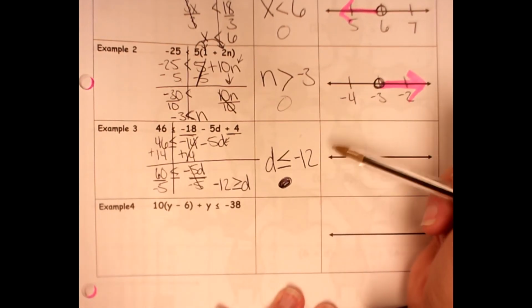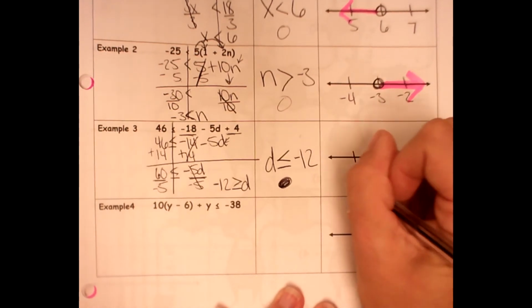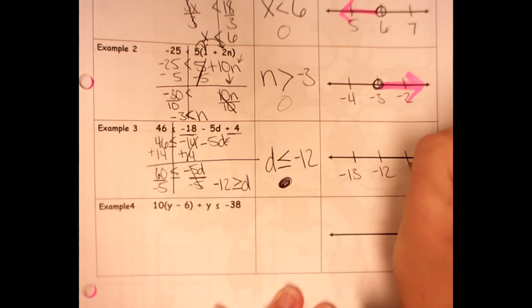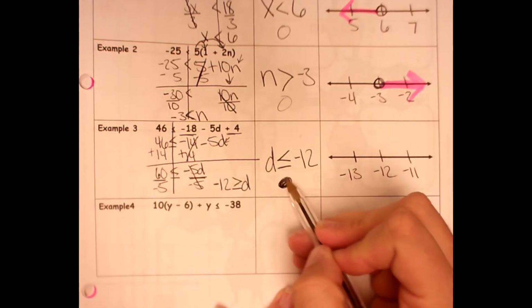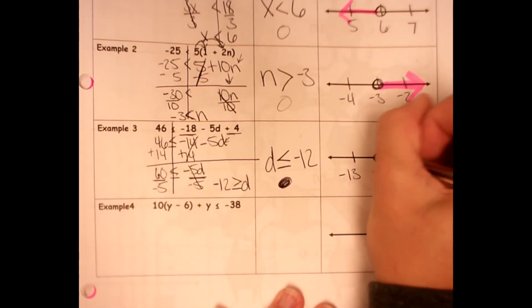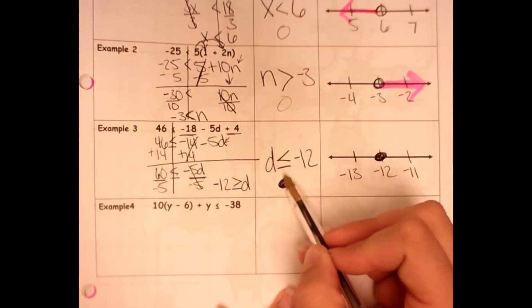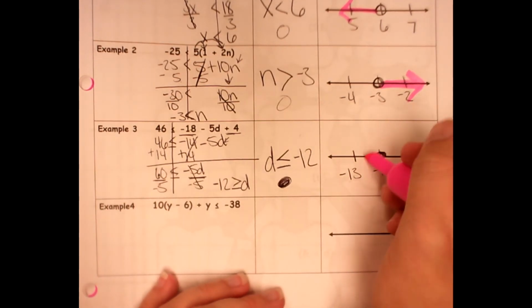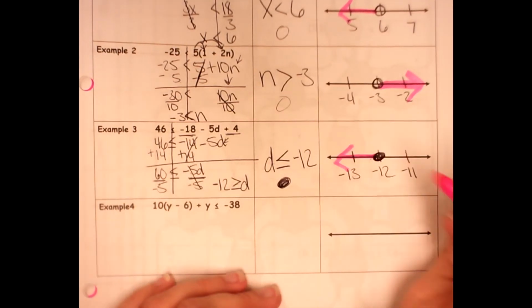So I have negative 12, my numbers on either side, negative 13, negative 12, negative 11. It's going to be a closed circle at negative 12. D is less than or equal to negative 12, so numbers that are smaller are going to be towards negative 13.